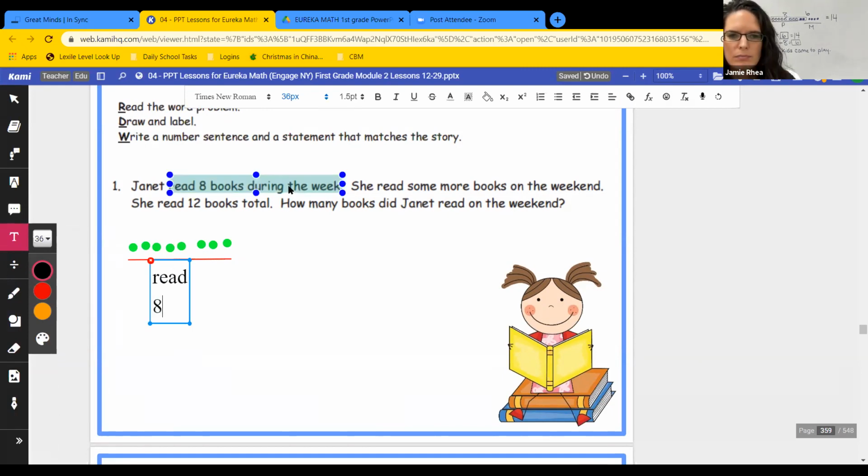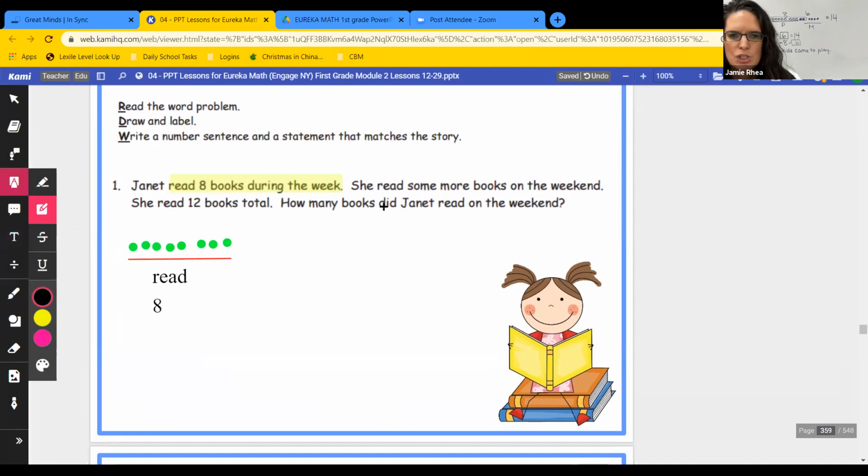Now, let's go back and look for more clues. She read some more books on the weekend. Doesn't really tell us anything, but we do know that she read some more books. Okay, so let's see if there's more clues. She read 12 books total. So that is a clue. It tells me how many she read.